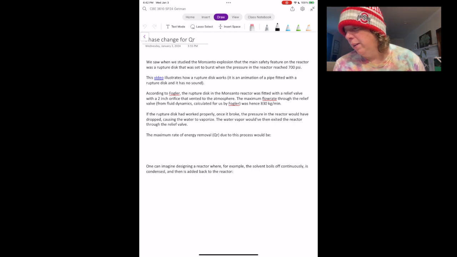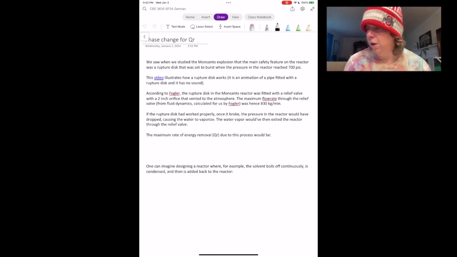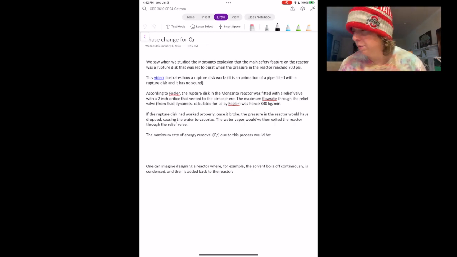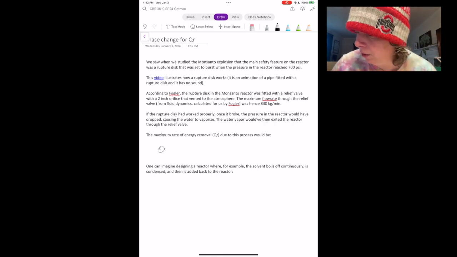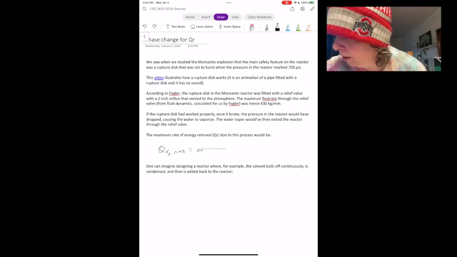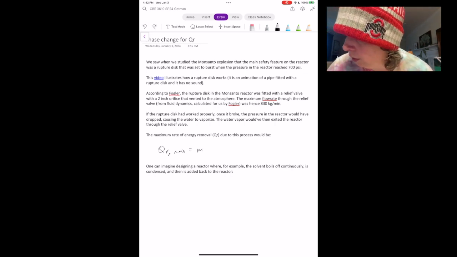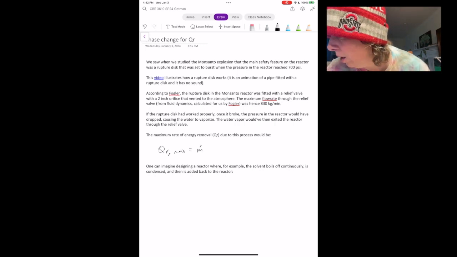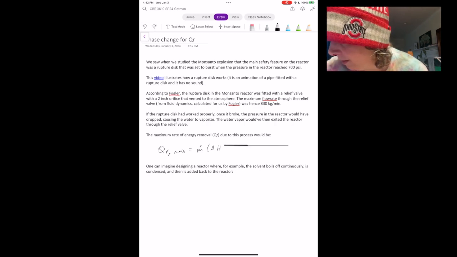So the maximum rate of energy removal, QR max, due to this process is equal to the flow rate of water times the heat of vaporization of water.